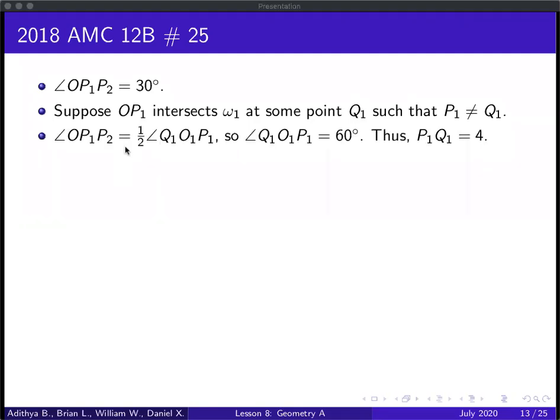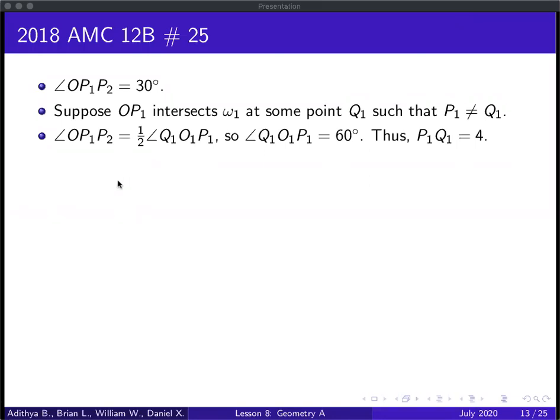And so because of the inscribed angles theorem, OP1, P2 is equal to Q1, P1, P2. And because of the theorem, it's 1/2 of Q1, O1, P1. And since OP1, P2 is 30 degrees, we just have Q1, O1, P1 is 60 degrees.